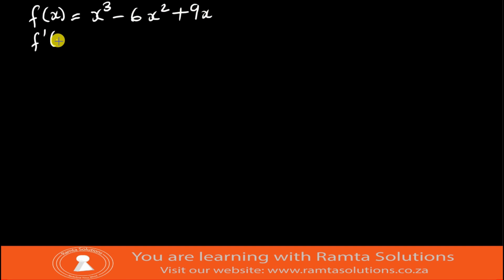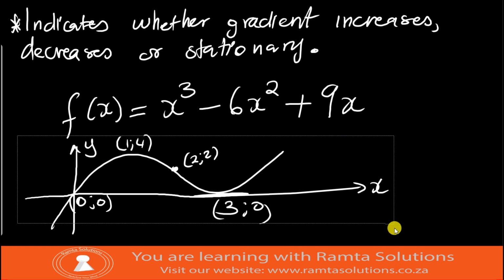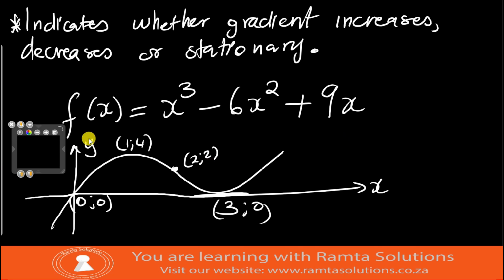First derivative would be f of x equals, or maybe let me not even write it here. I'm just going to copy that graph. Let me copy the graph and save time. Oh boy, what am I doing?